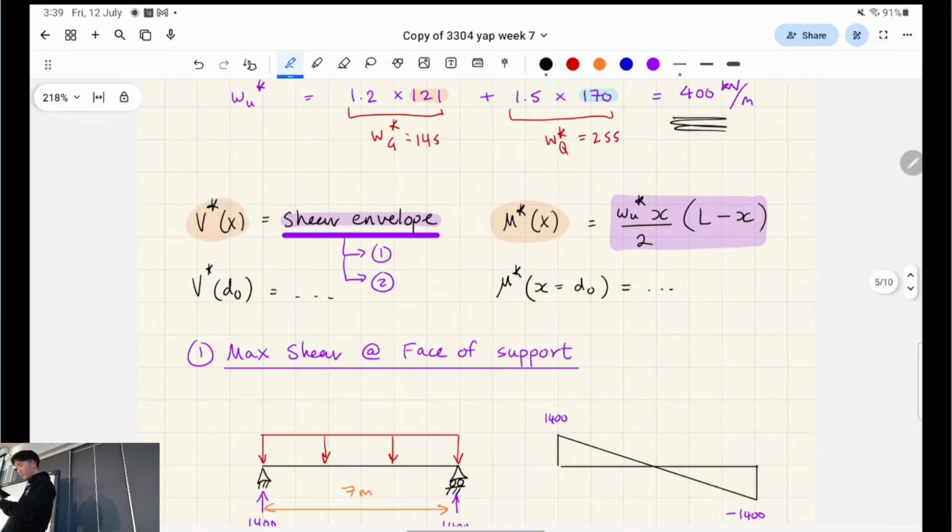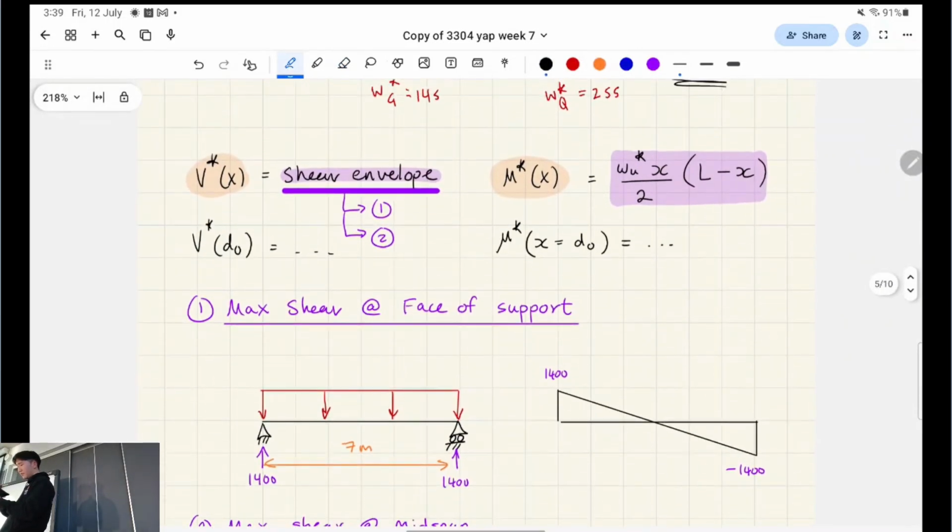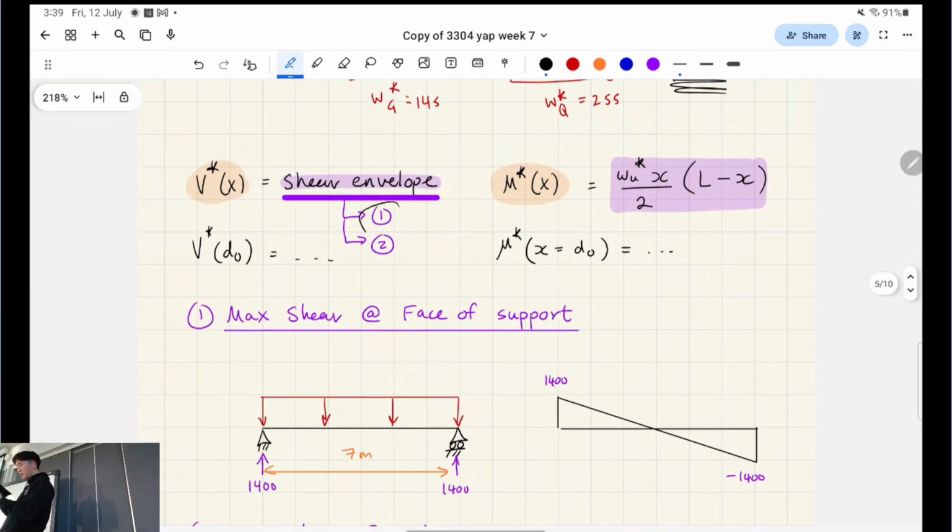Okay, so you need to basically calculate two scenarios. Here I've labeled them 1 and 2. The first scenario is max shear force at the face of the support. So this is your standard, you apply W star U, or the worst case loading condition, to the entire beam, right?